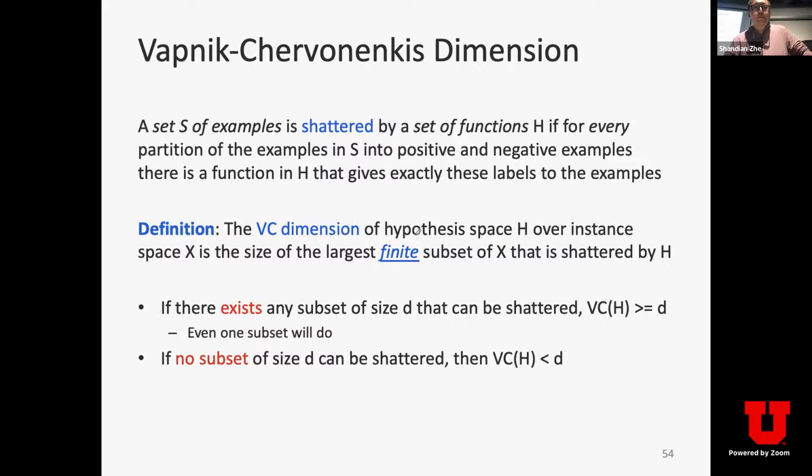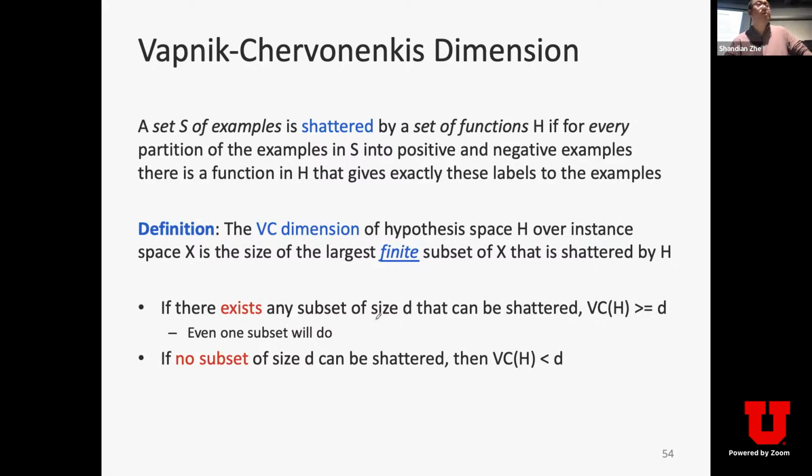The VC dimension of a hypothesis space H over instance space X is the size of the largest finite subset of X that can be shattered by H. It reflects two points. If there exists any subset of size D that can be shattered, the VC dimension of H will be no less than D.